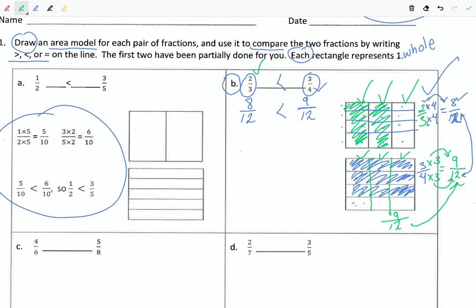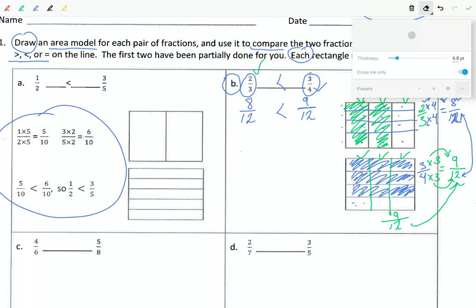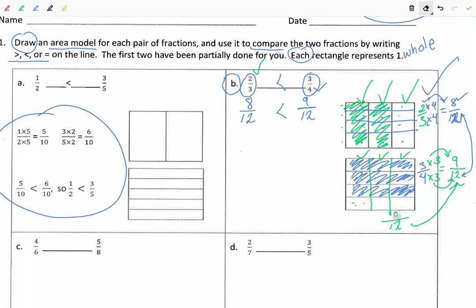Okay, so when you do your work today, the one thing that I want you to do is decompose. First of all, represent the two fractions that you are comparing, and then go ahead and decompose by drawing either vertical or horizontal lines to decompose into the number of units that the opposite model has, okay?